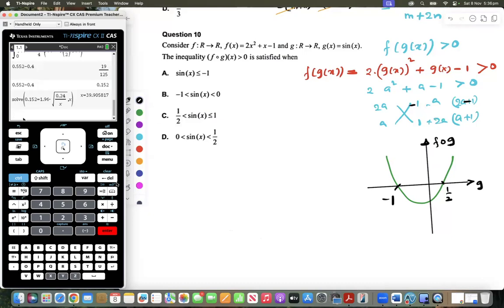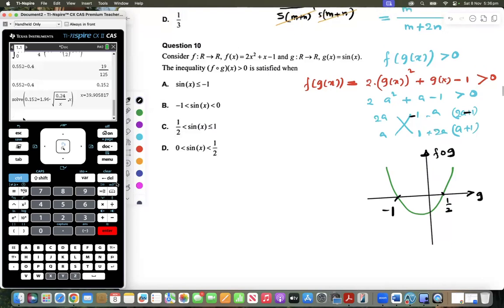We know that the domain of the original function here is everything, right? It's a quadratic function. Range actually goes from here to infinity, right? And in this question, g of x is my inner function.